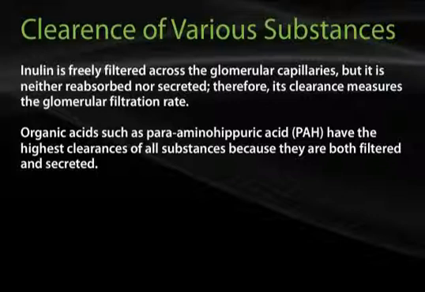Inulin is freely filtered across the glomerular capillaries, but it is neither reabsorbed nor secreted. Therefore, its clearance measures the glomerular filtration rate. Organic acids, such as para-aminohippuric acid, or PAH, have the highest clearances of all substances because they are both filtered as well as actively secreted into the tubular lumen.